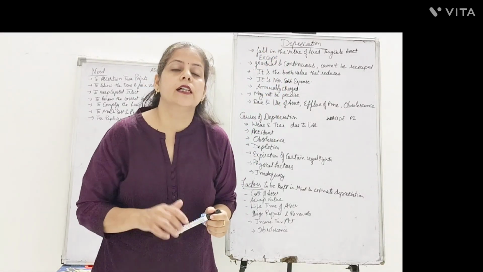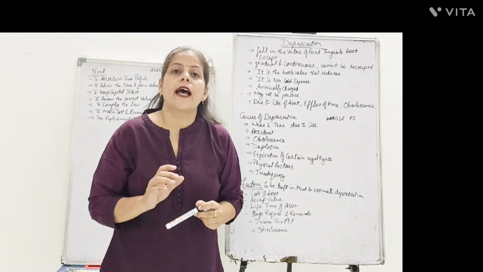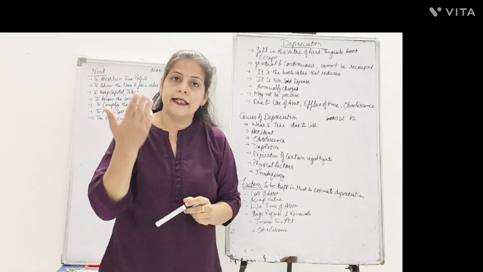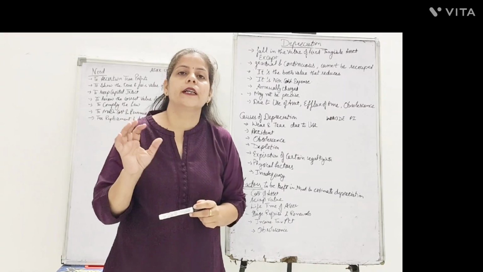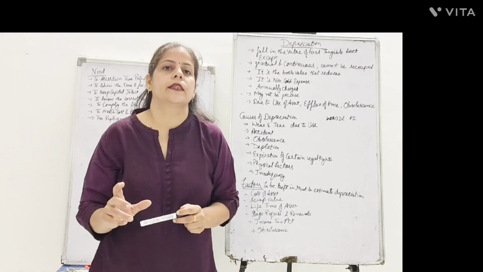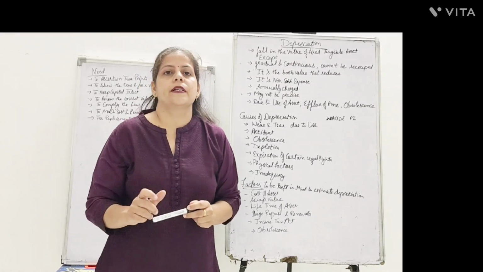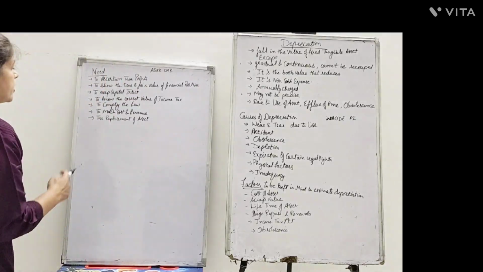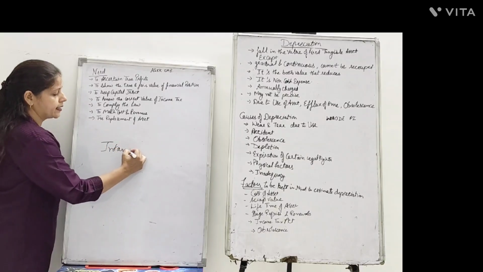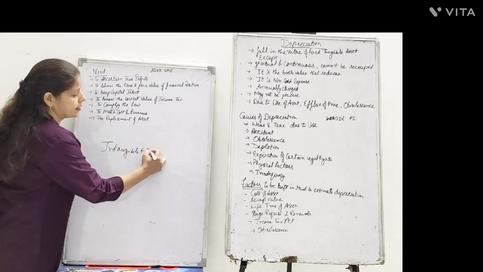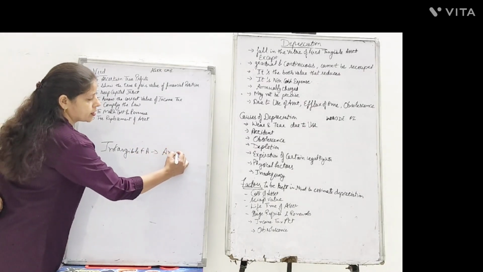The point is that the assets which we can't feel, touch or see are not charged depreciation. That's not the case here. The assets which are intangible are also charged, but the word used for them is not depreciation; rather, the word used for an intangible fixed asset is amortization, right?